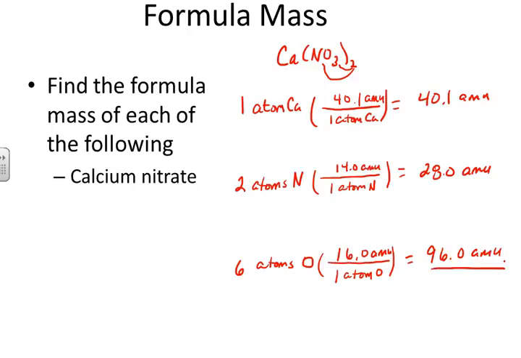We then sum this together: 40.1 plus 28 plus 96. It comes to 164. Since we're adding these together, we look at how many decimal places to the right of the decimal, so 164.1 AMU. So that is formula mass.